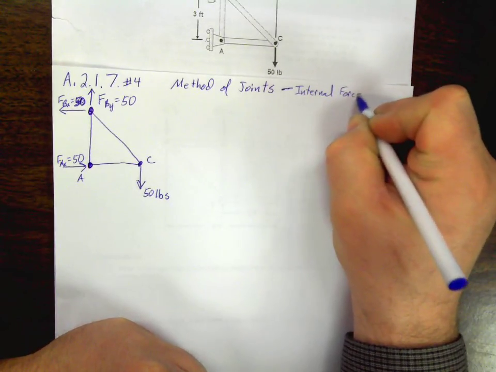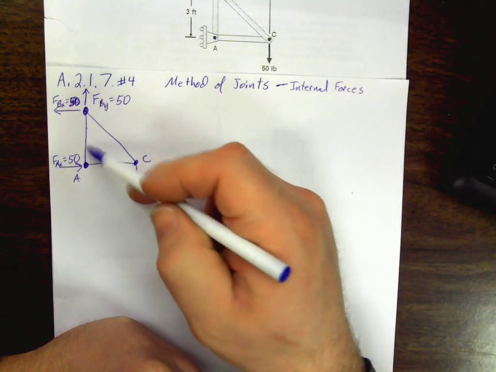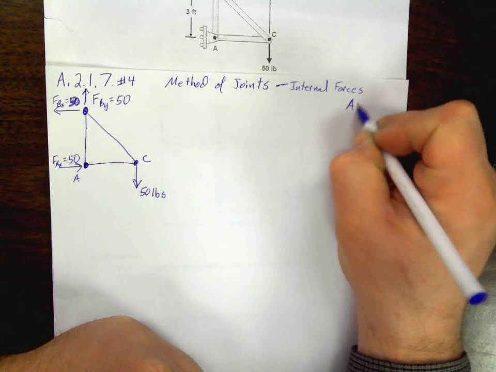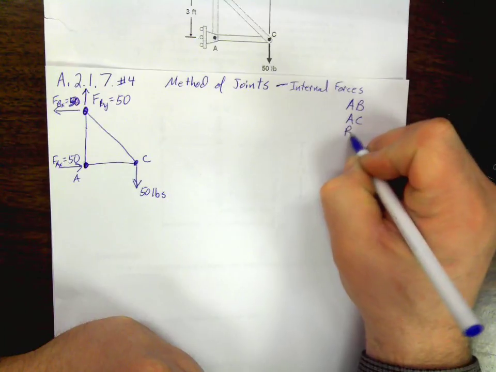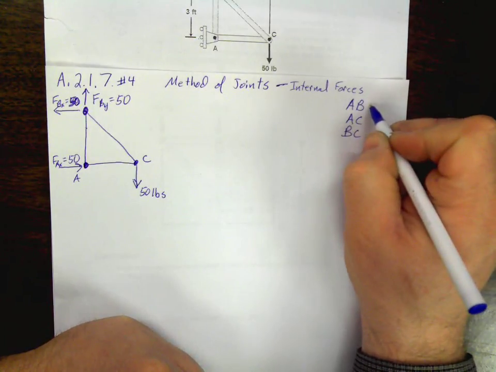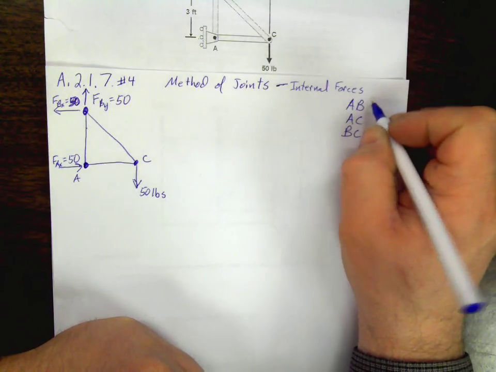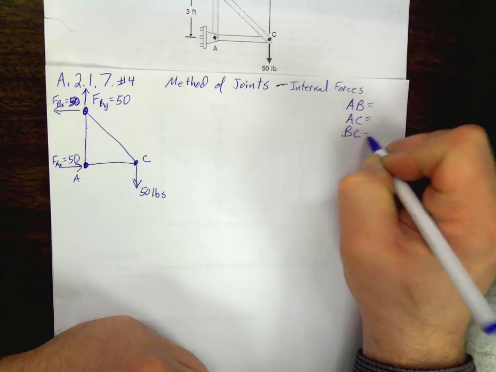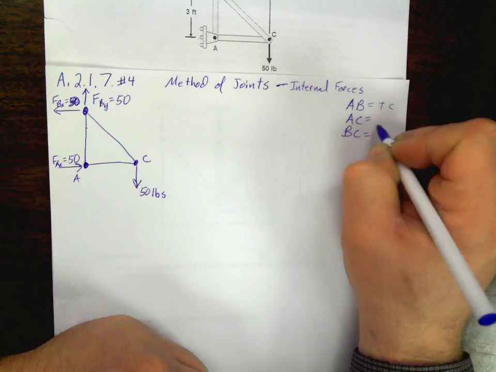The members that we need to find are member AB, member AC, and member BC. Because these are some type of bar or post, they're going to be under either tension or compression and have some force on them as well. So we have to use what's called the method of joints to come up with that.